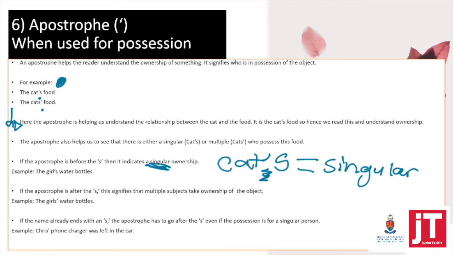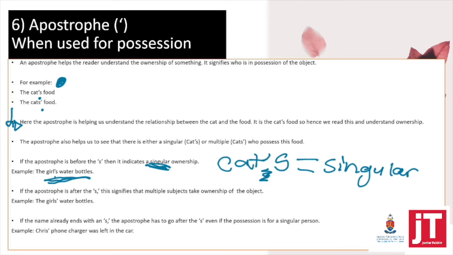Let's look at the example here. The girl's water bottles. The apostrophe is before the S, so we assume it's one young lady with multiple water bottles for whatever reason that might be. Right, let's have a look again just below. If the apostrophe is after the S, this signifies that multiple subjects have taken ownership of the object.